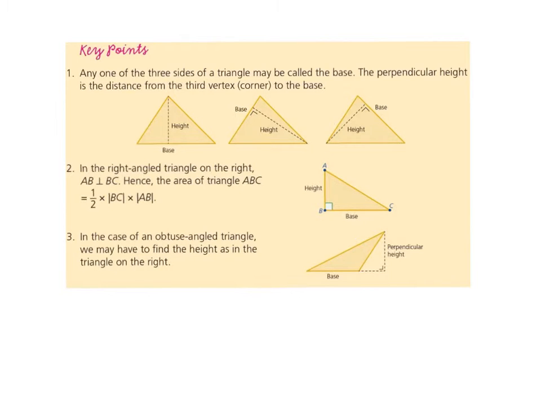And the last one is when we have an obtuse angled triangle, like we can see here, if that's the base, we need to find the perpendicular height. And the height goes from the vertex. It doesn't go from here, okay? Always from the vertex down there, perpendicularly to the base, okay?